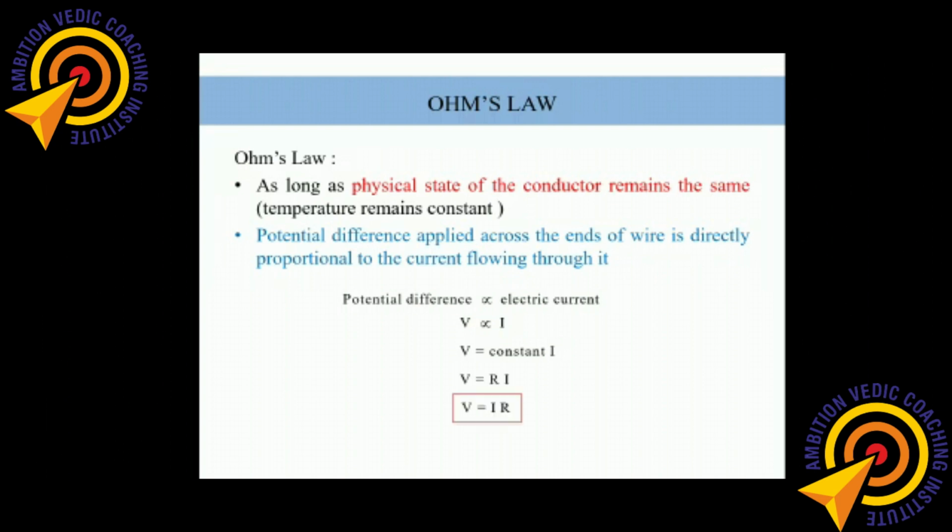This constant is known as the resistance of the wire, capital R. So according to Ohm's law, V equals I into R, where V is the potential difference between the two ends of a wire, R is the resistance, and I is the current flowing through the conductor.